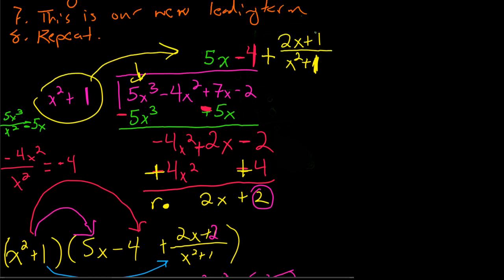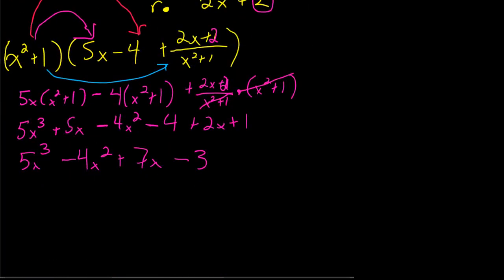I miswrote it when I put it up there. Oops. And so that should be a 2. And so 2 and negative 4 gives me a minus 2.